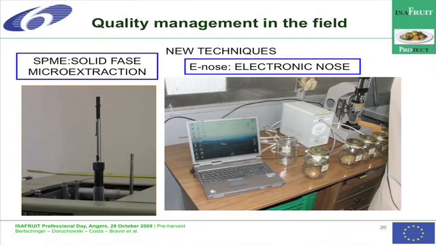He will also talk about new techniques with which you can sense or intend to sense, to monitor the fruit quality already during the growing stage in the field, and use this information for improving the quality. So there is an electronic nose system, which he will talk about, and other technologies also.